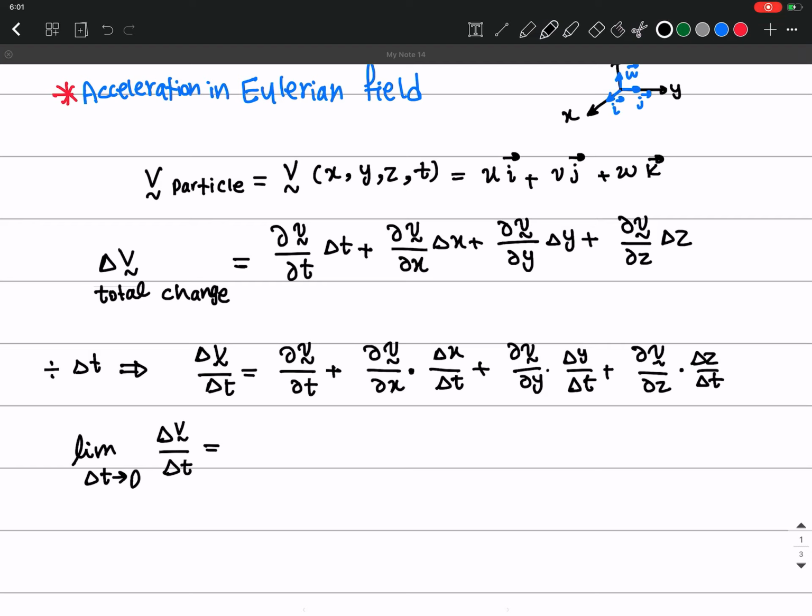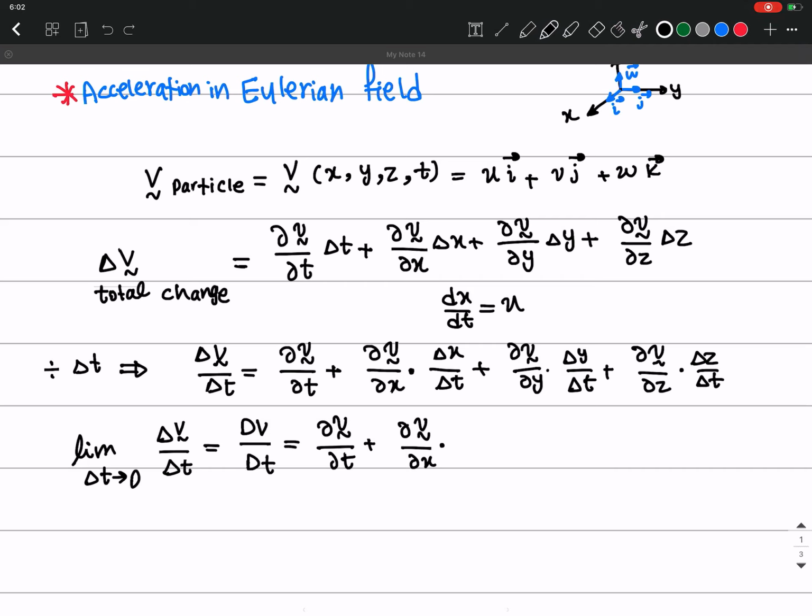So as delta t goes to 0, the total change of velocity, delta v over delta t, equals the total derivative dv over dt, which is going to equal partial v over partial t plus partial v over partial x times dx over dt, which is the velocity in the x direction, which I have here. So I just substitute it here.